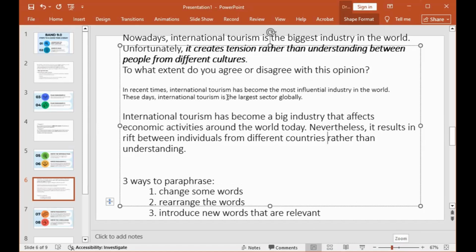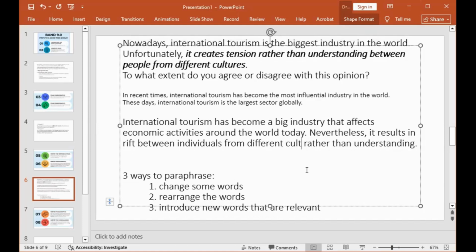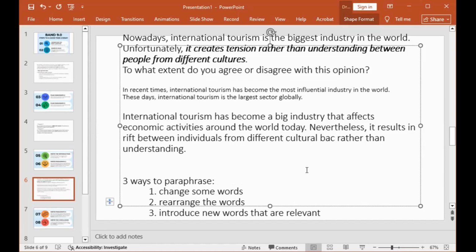We can say from different cultural backgrounds. Nevertheless, it results in rifts between individuals from different cultural backgrounds. Do you get my point? Results in rifts between individuals from different cultural backgrounds.